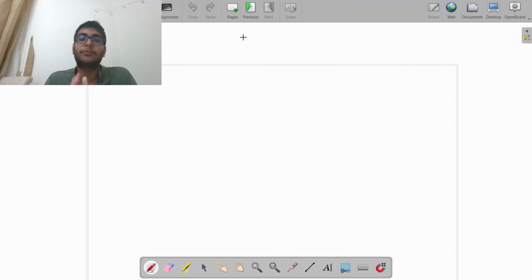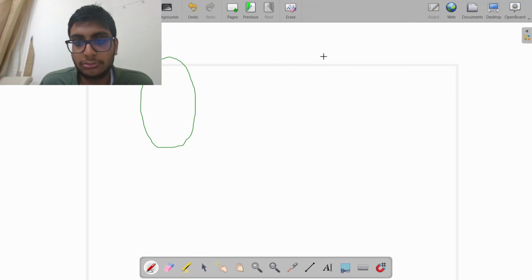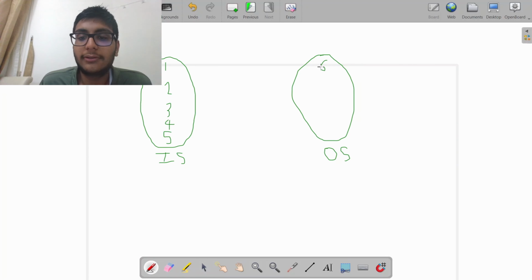Now, we have learned about spaces, real numbers, and everything about functions. Now, the connection point is, we have these two circles over here, for example. As I said, this is the input space IS, and this is the output space OS. And if I put a random number over here, 1, 2, 3, 4, 5, this is 6, 7, 8, 9, 10.